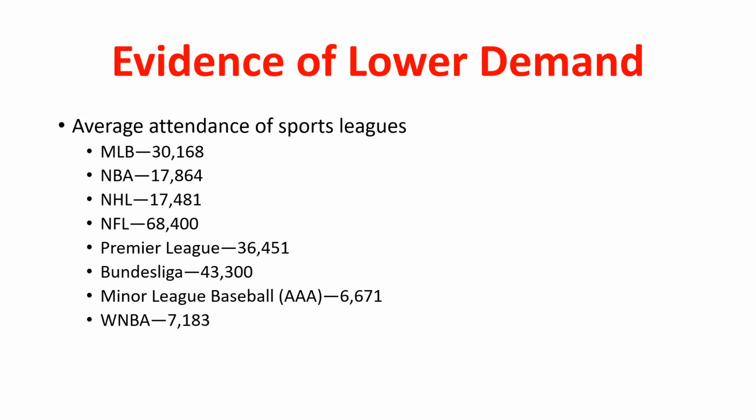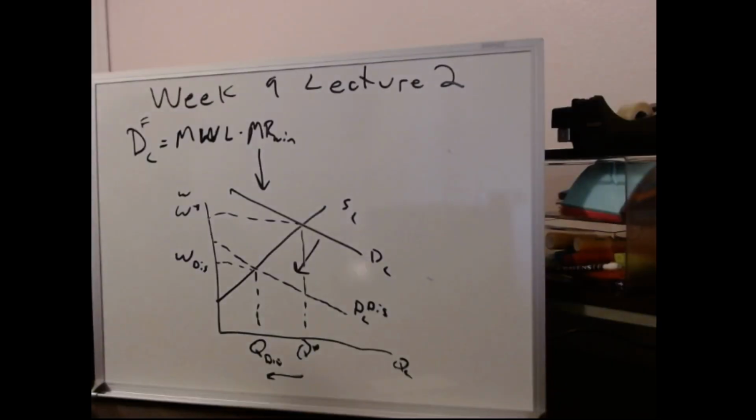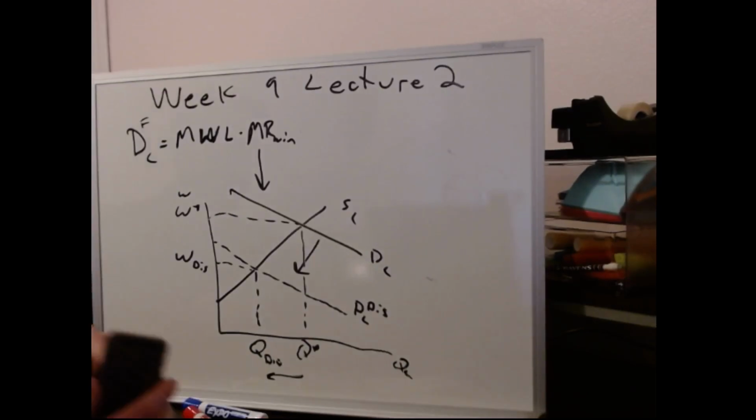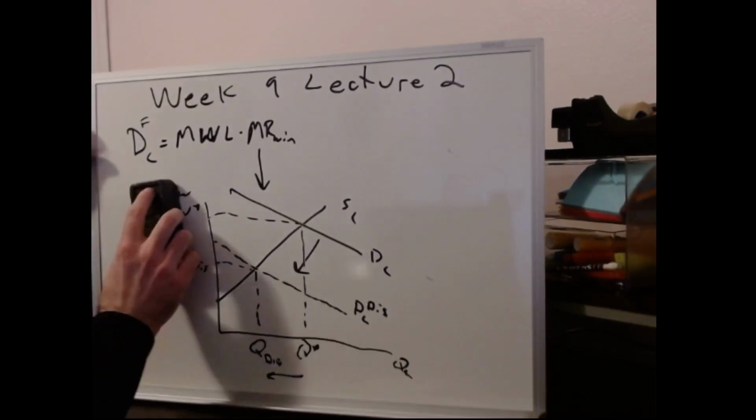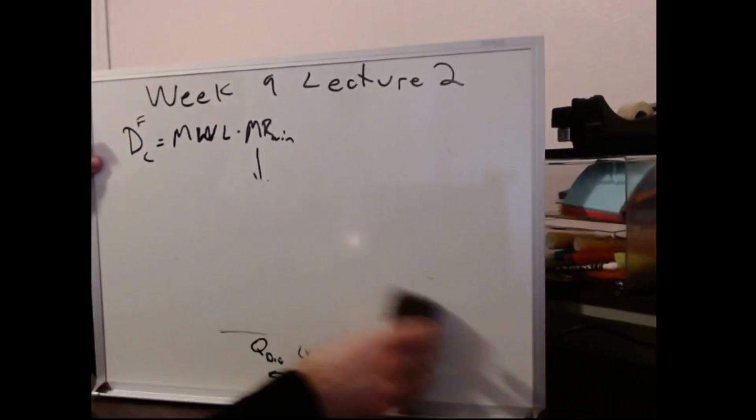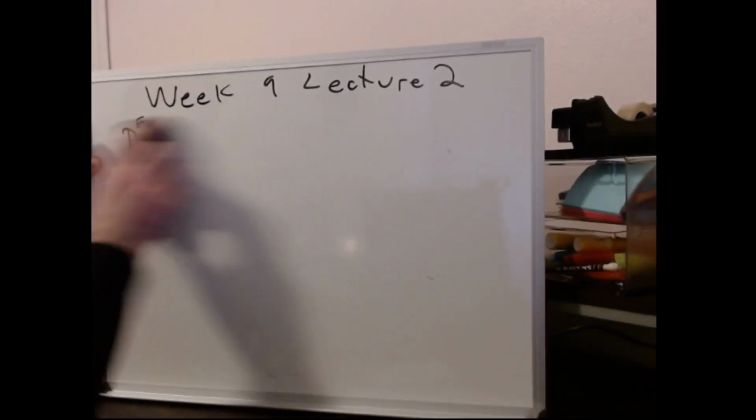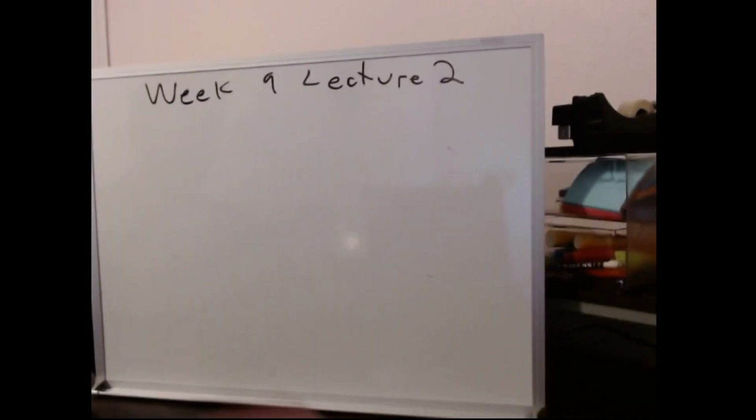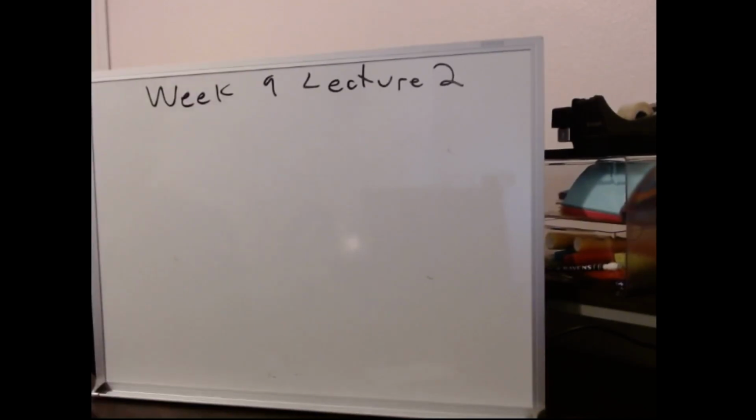And if we look at ticket prices, we're talking about way more than a twofold increase. So we've got pretty strong indicators that there's lower demand for the WNBA for whatever reason. I'm not here to break down the social reasons behind why there might be differences in demand, other than the fact that we have evidence that they exist, right?